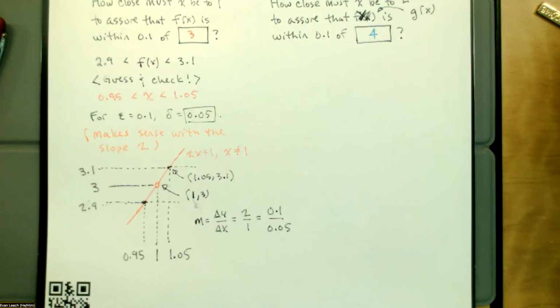I only get to point this out because when we simplified this, we ended up with a linear function that had a slope. In the next one, we're not going to be able to make this argument. We're not going to just be able to look for a ratio because what's left over is an x squared. So it's going to be steeper on one side than it is on the other.